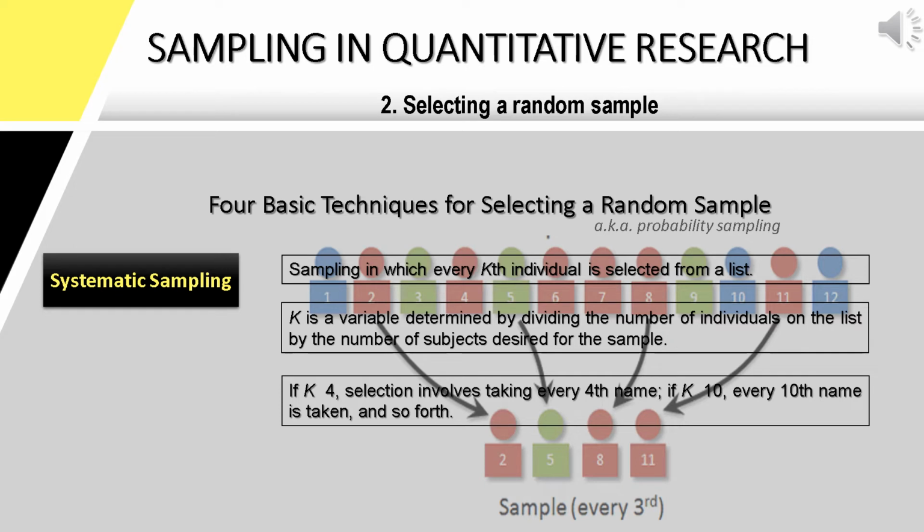Yun yung sinasabi natin, systematic sampling. You are getting the nth number in that random population or random samples. For example, every third: 3, 6, 9, 12, 15, 18, 21, yun yung magiging sample natin.